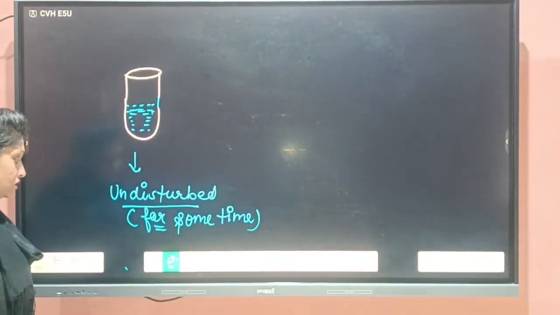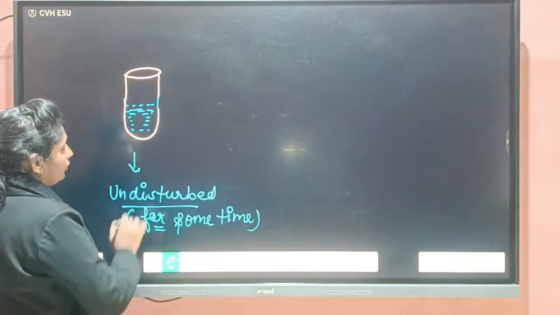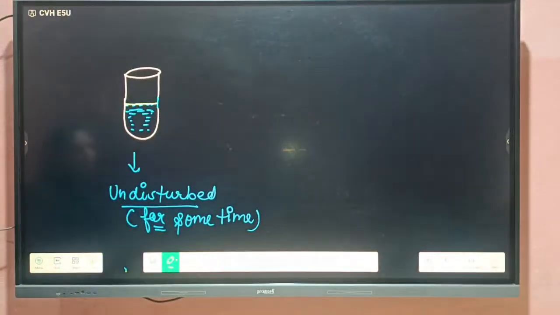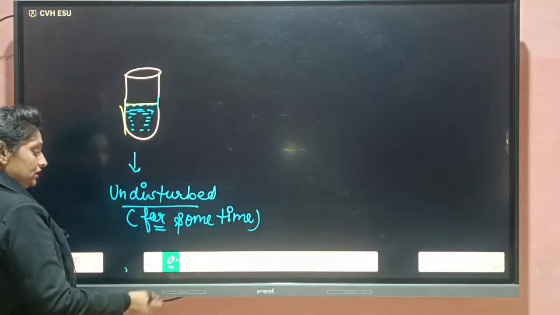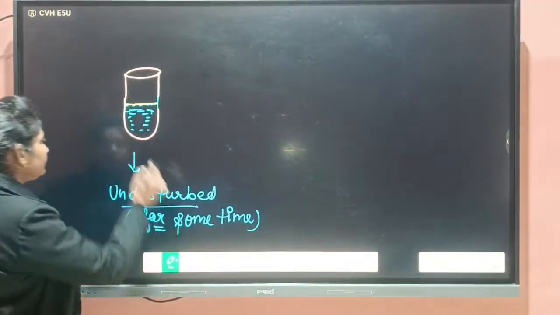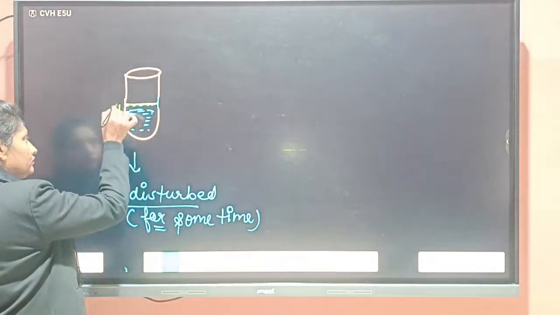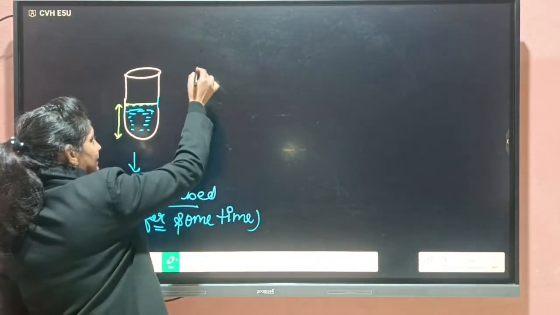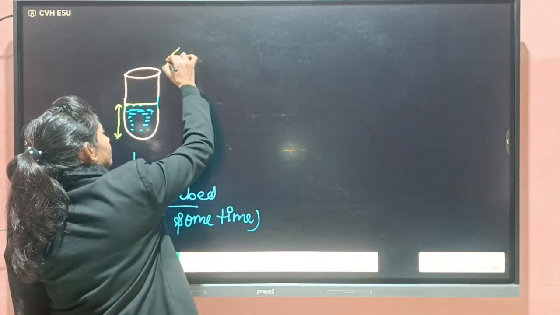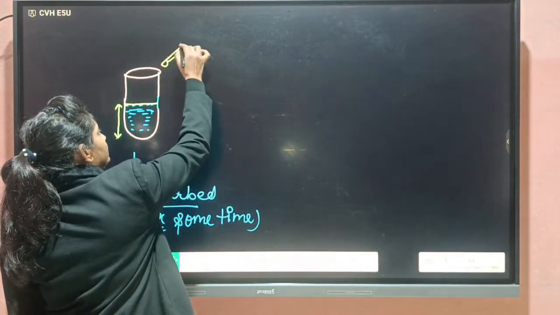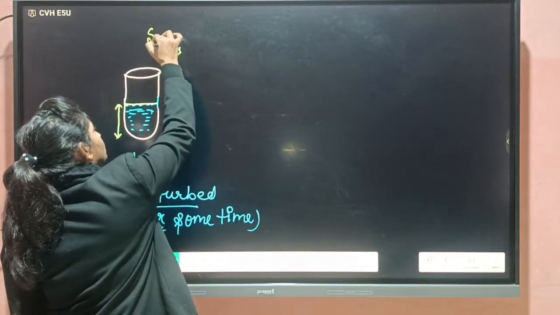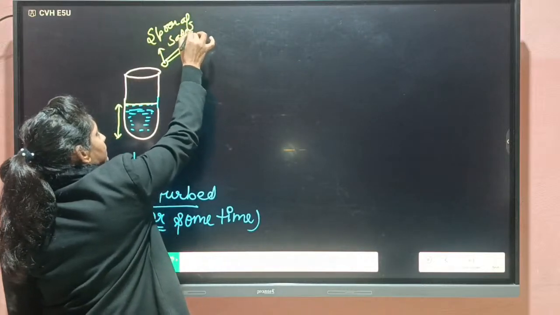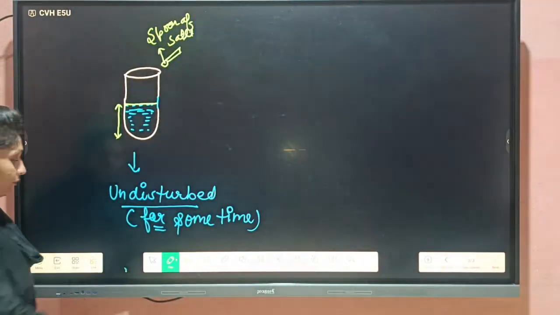Okay. Then students, we will measure the level of this water. After doing this, we will add a spoon of sugar, or we can take a spoon of salt in it. Again, we will do the same procedure.